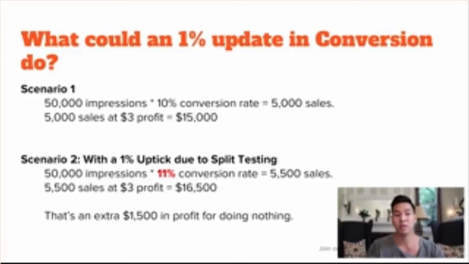I'll tell you about the tools and the software in just a second, but who couldn't use another extra $1,500? Imagine if your conversion rate went up 2%. Imagine if your impressions went up even more, right? So think about all these different factors that could increase your profit, but at the very end of the day, you're not going to know if it works unless you split test.